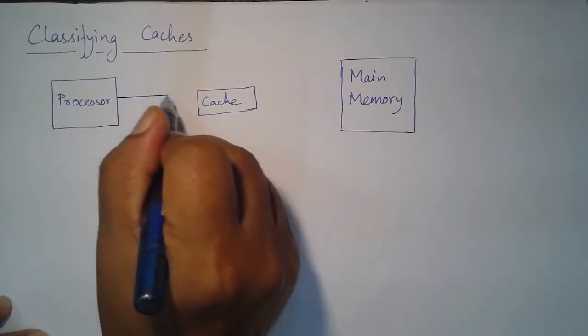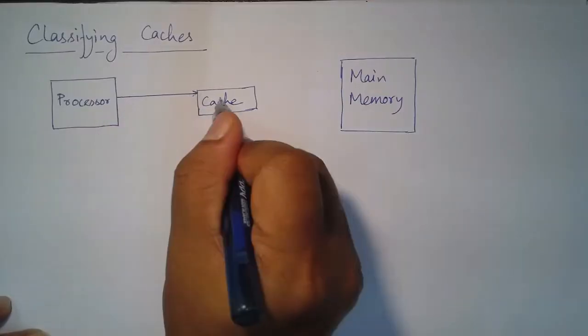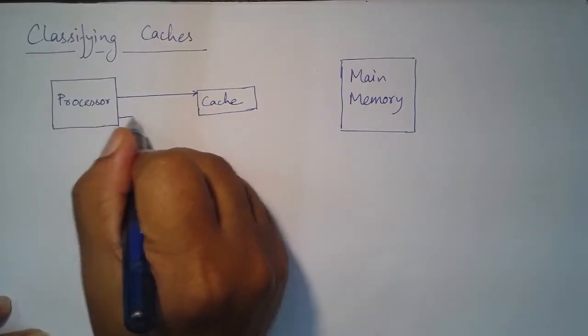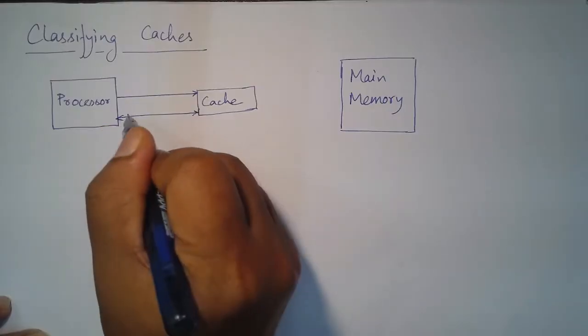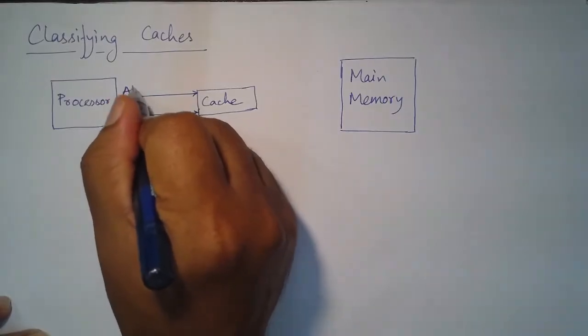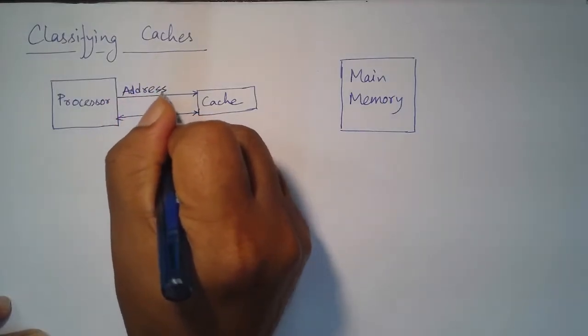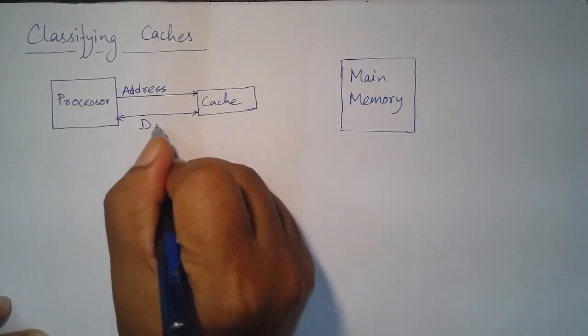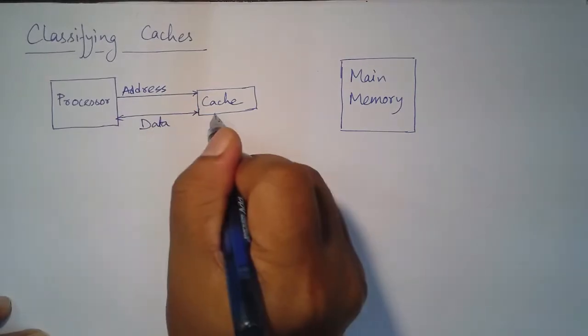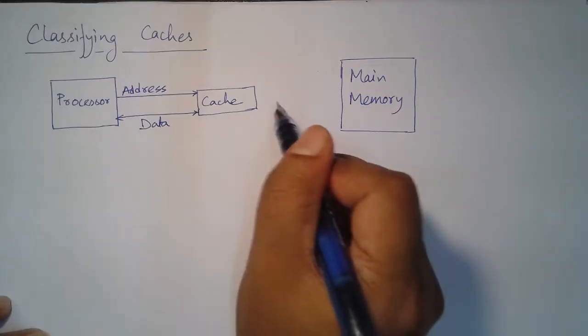So what will the processor provide? The processor will provide the address, and the cache will provide you the data. So basically this is address, and the data can go to memory, or basically come from the processor.